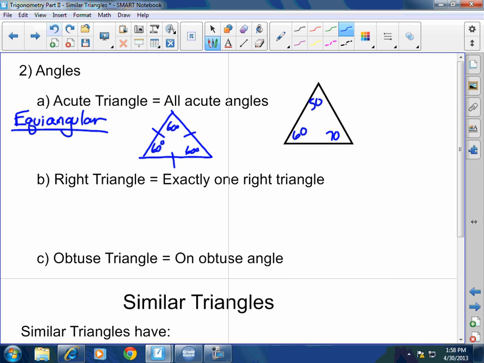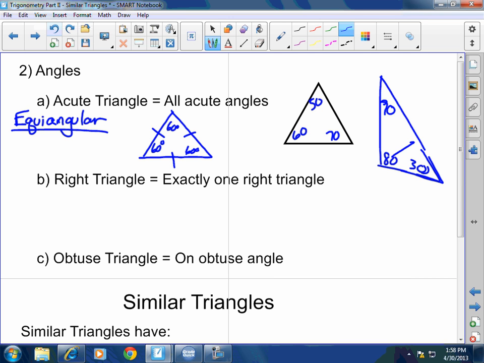Remember how we were talking about the angle and side relationship? Remember how we said that when you have an angle, let's say this is 50, let's say that's 80, and let's say that's 50. I didn't want 50. Hold on. Let's do this as 30, and then that's 70. Remember what we said, guys?